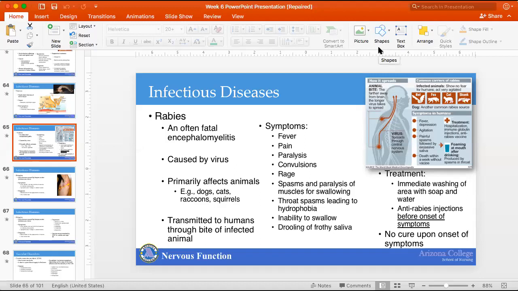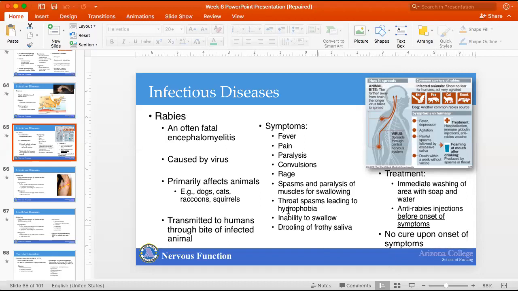But if someone is bitten by maybe a dog or something that is infected with rabies, if they get the treatment before the onset of symptoms, then they can alleviate a lot of the problems that are associated with it.